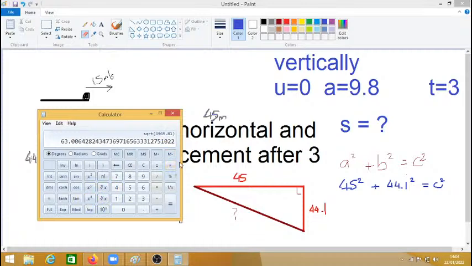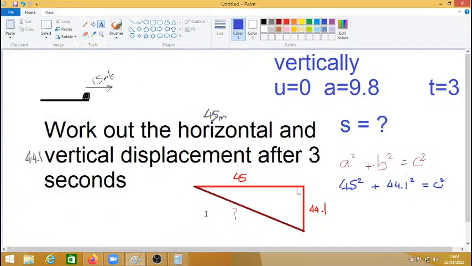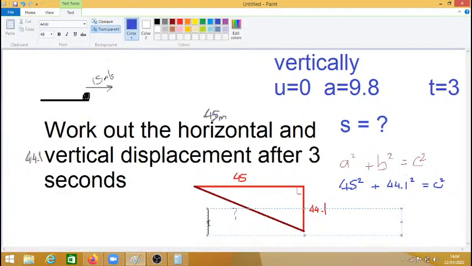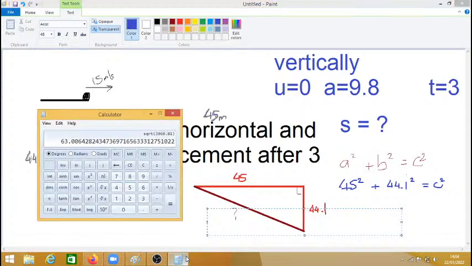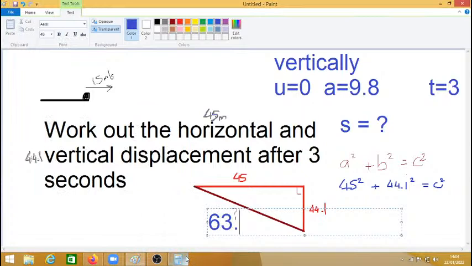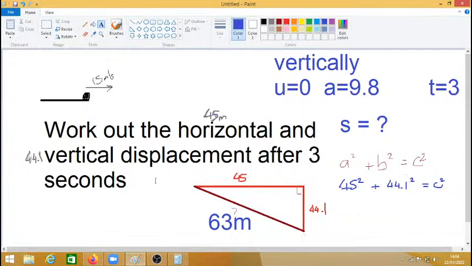And you get 63.00. So we can say that the distance traveled, not just horizontally, not just vertically, but overall is 63.00. That just rounds to 63 meters.